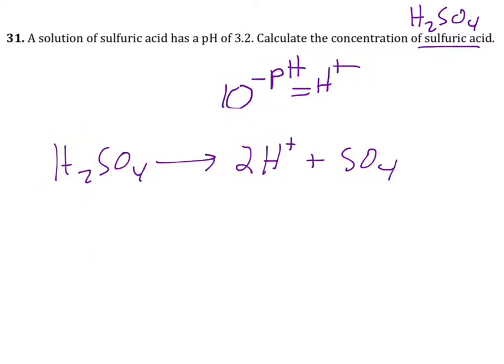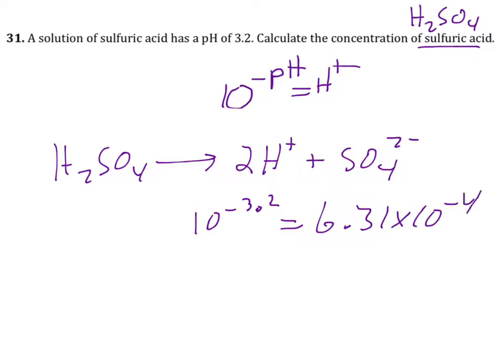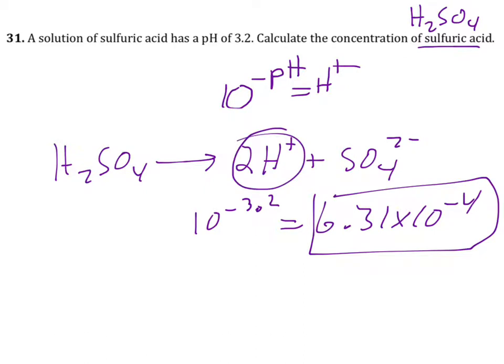All right, so let's go ahead and do that. 10 to the negative 3.2 is equal to 6.31 times 10 to the negative 4. Now this here is the hydrogen ion concentration.